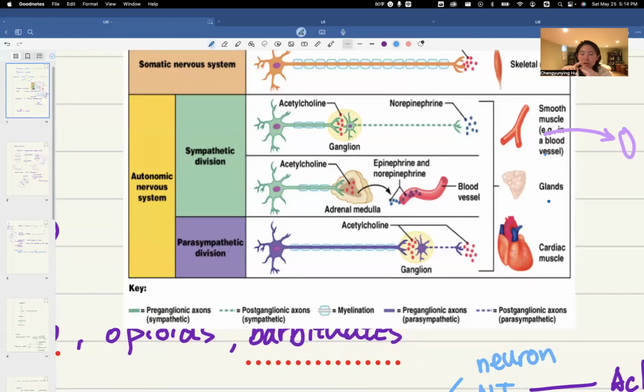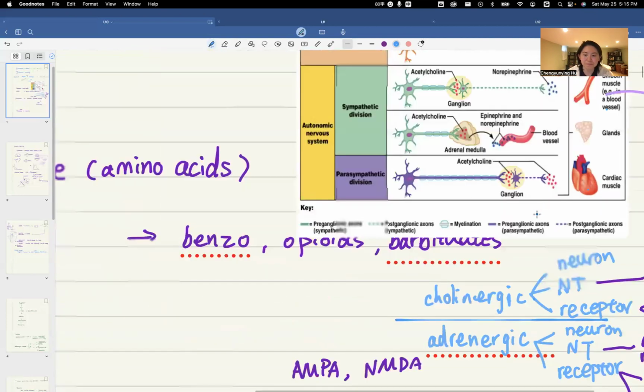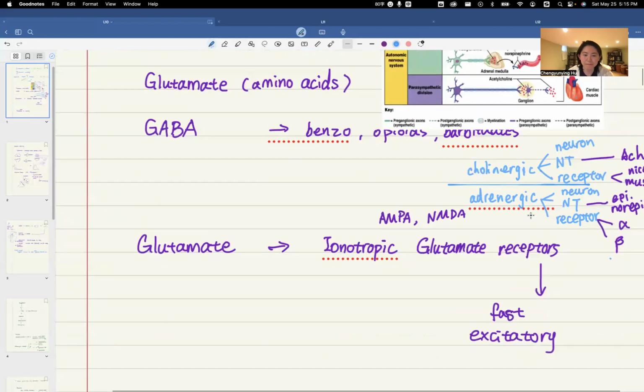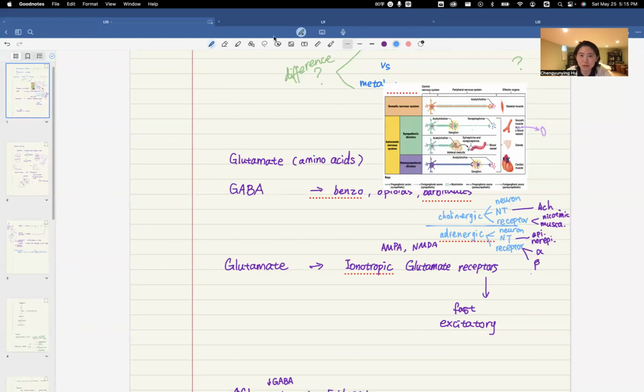They have both cholinergic receptor and adrenergic receptor. They have both receptors on the cell. All right. So let's go into something else.